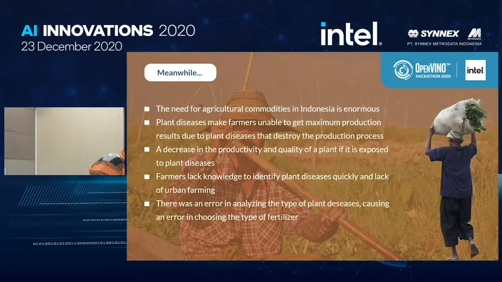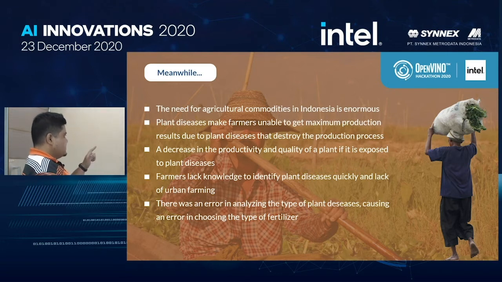Okay, next. These are the main problems of agriculture in a global sense. Many farmers have problems when they plant agricultural commodities. The need for agricultural commodities in Indonesia is very enormous, very big.